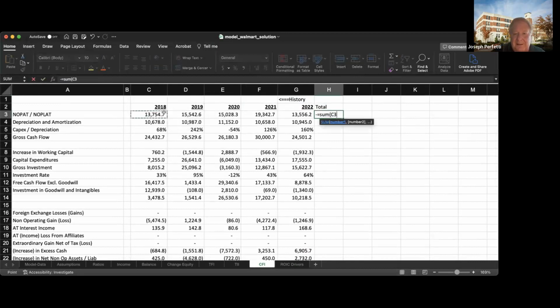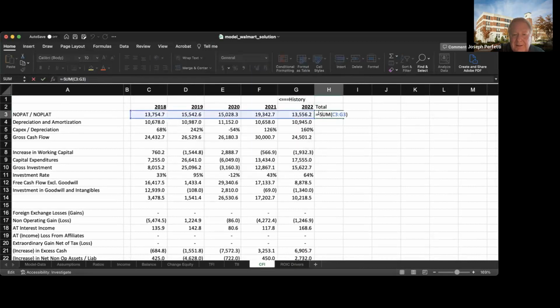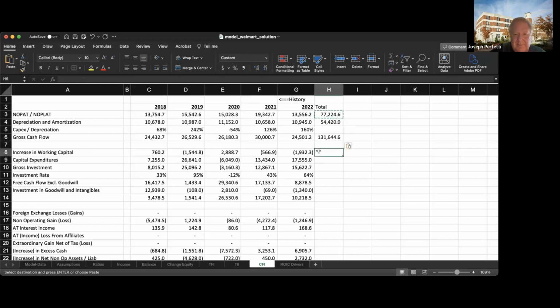If I sum these 5 years, what's going on with their free cash flow?